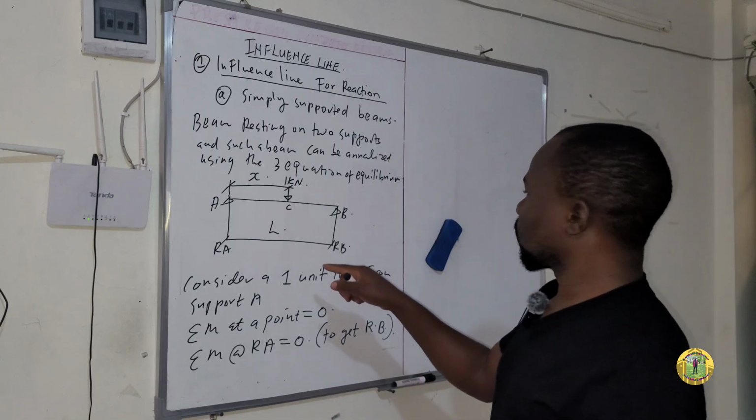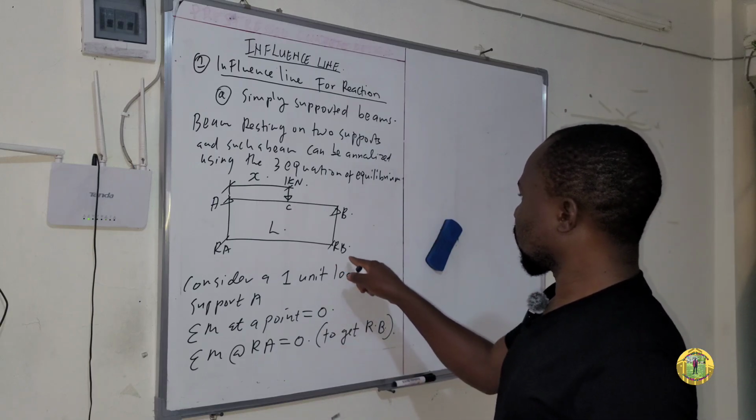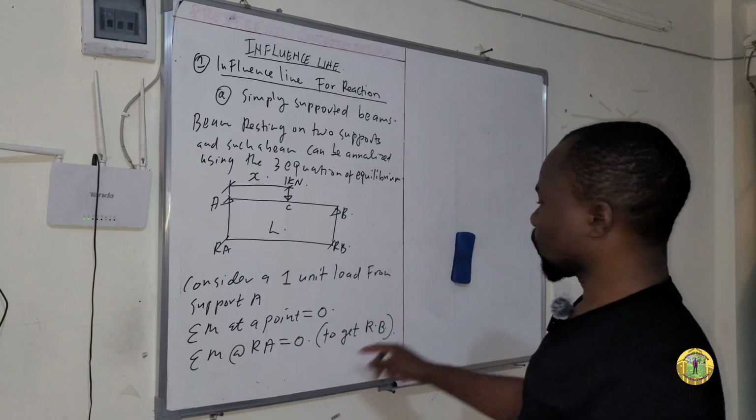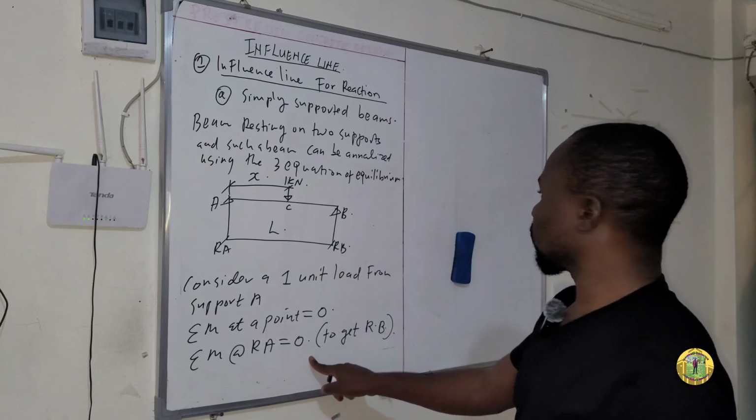Let's now consider RB, because we want to get this RB. Summation of moment at A is equal to 0.